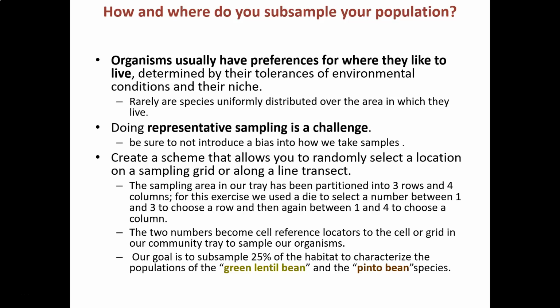Or in a grassland area or a forest, you can create random transect lines and then walk along those transect lines while you are surveying. So there should be some mechanism where you create a way to randomize your sample, so that you're avoiding biases.